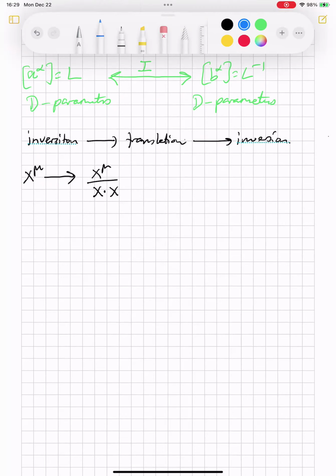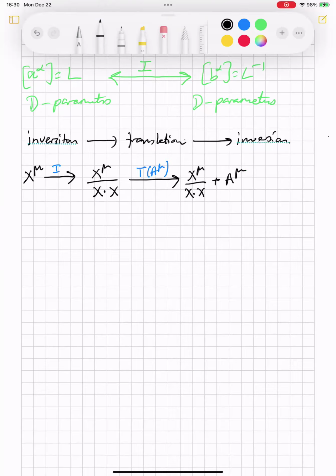So we just did an inversion. Okay, now let's do a translation, by A mu. What will this give us? Well, we'll get x mu over x dot x plus A mu. That's how a translation acts.